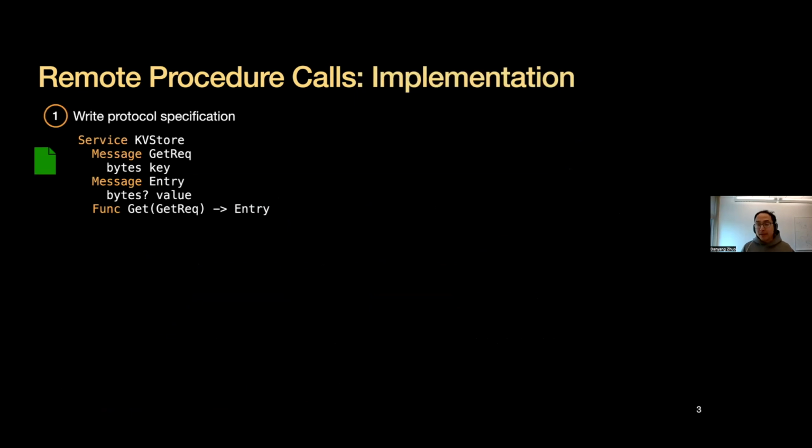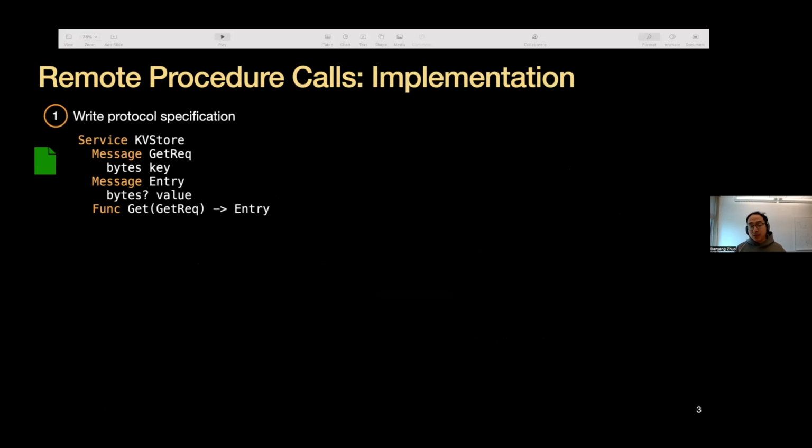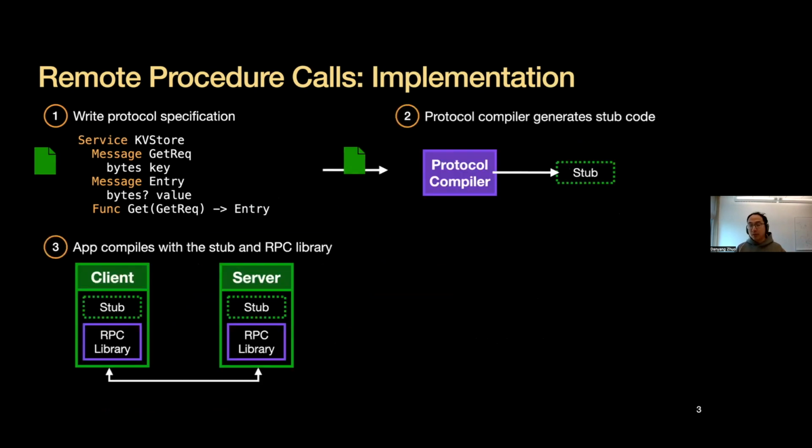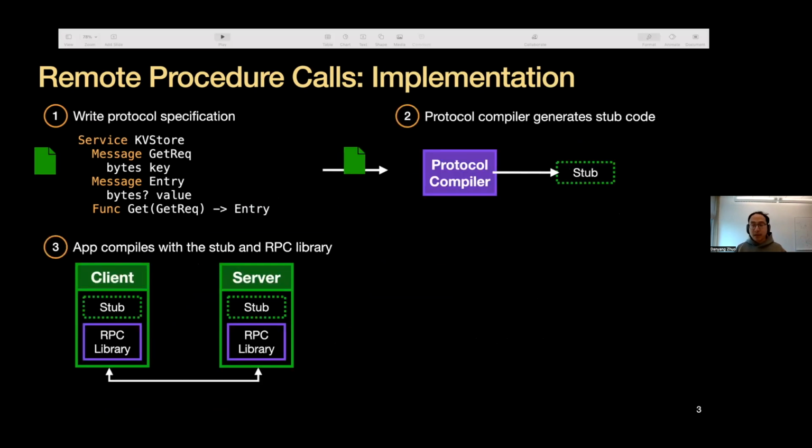Now, what is an RPC? To implement an application using RPC, first you need to define some protocol specification, and you can call it a protofile. Then you use a protocol compiler, maybe protobuf, to generate some stub code, and then you link the stub code with your application.